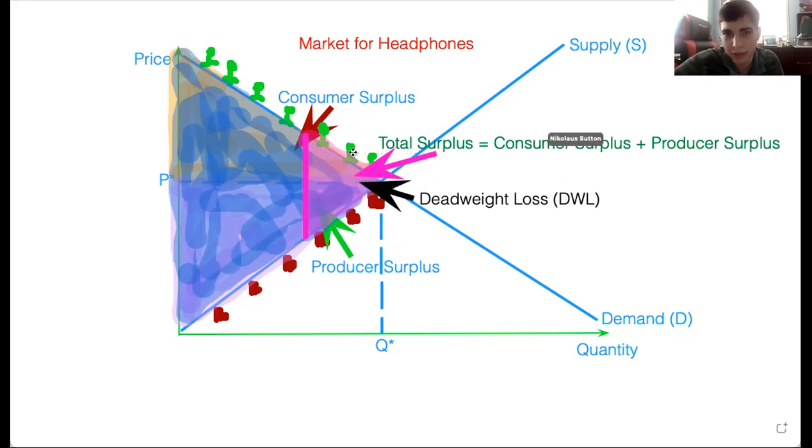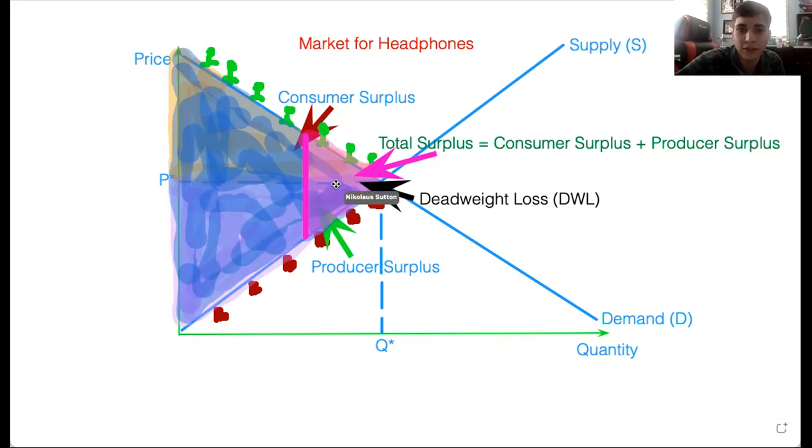Now, what happens to total surplus, though? Well, total surplus would now only include this area, everything except for the deadweight loss, because deadweight loss was lost. There was no sale that was ever made, so you can't include that in surplus.